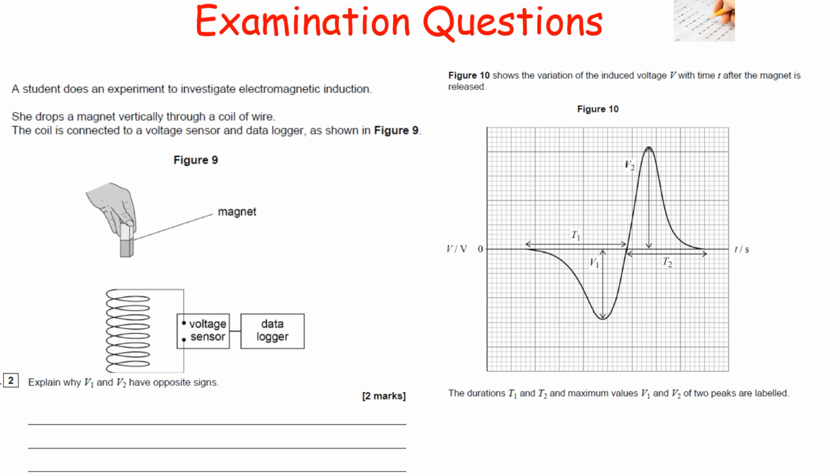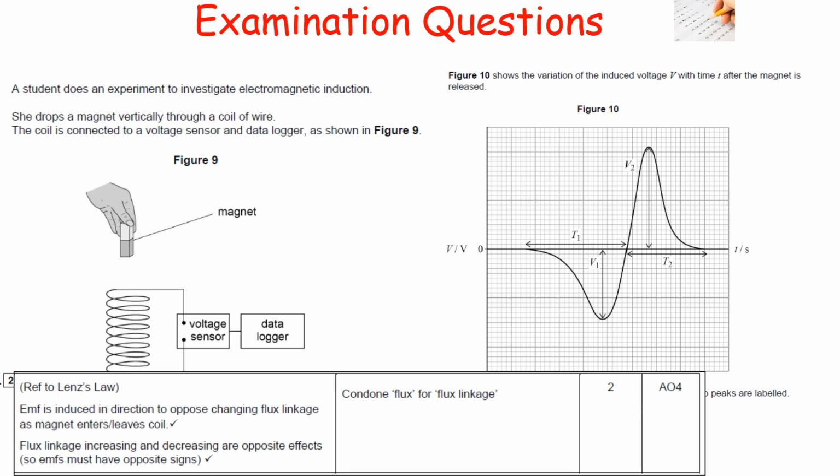Right, so how do you answer this particular question? Well, it's the idea that with Lenz's law, EMF is induced in a direction to oppose the change in flux linkage that produced the EMF. As the magnet goes into the coil, it produces an EMF in the opposite direction, a negative.